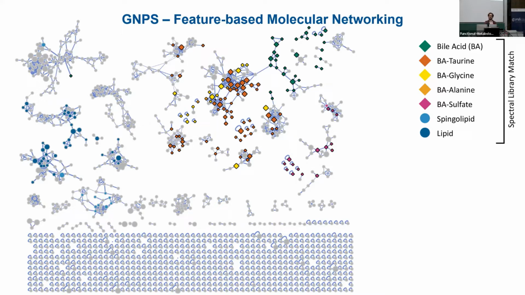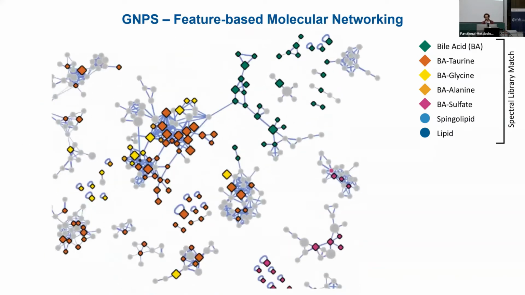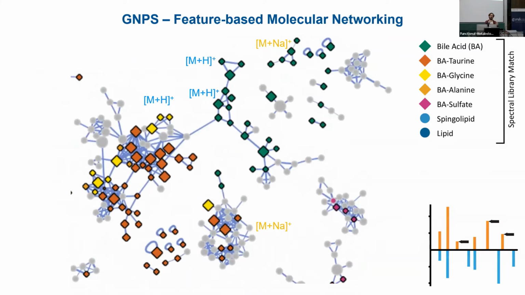And this is not your data set, it's a different data set, just an example. But you can see how different bile acids, the free form and some conjugated forms, are clustering together in some of the networks. And if we zoom in a bit more, we can also see, which is kind of obvious for some of the mass spectrometrists, that M plus sodium and M plus protonated versions fragment differently.